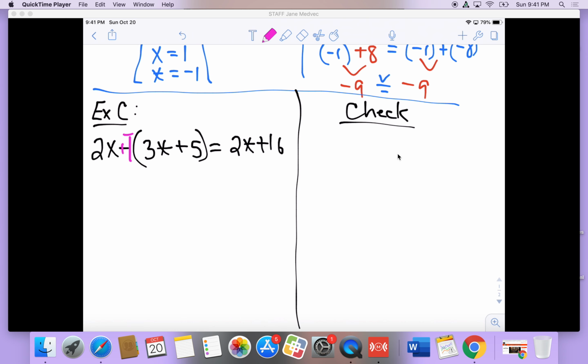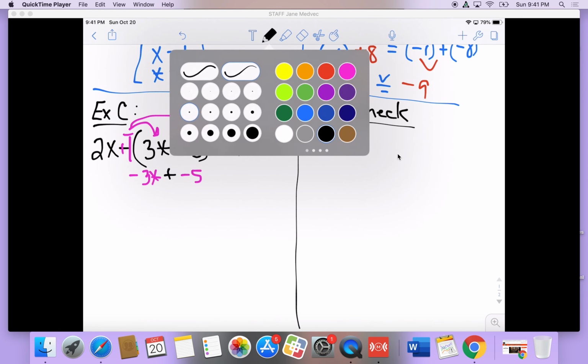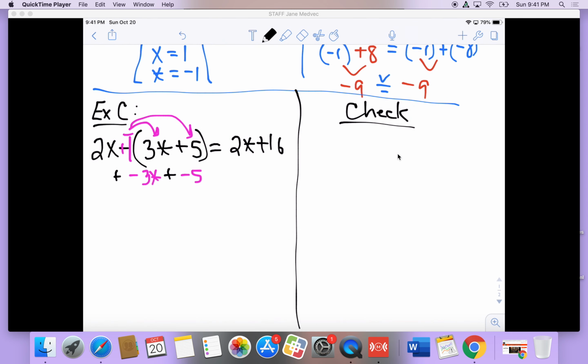And I'm going to distribute. So I got -1 times 3 star, which is -3 star. I've got the plus sign between. I'm going to do -1 times 5, which is -5. And I'm going to go ahead and write down all of the stuff around it. Okay.